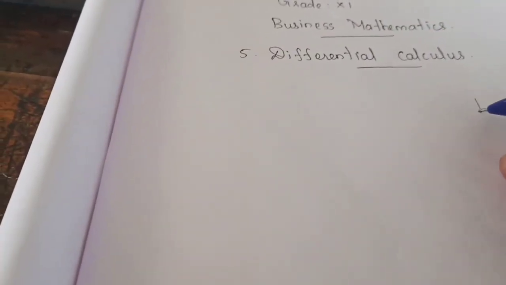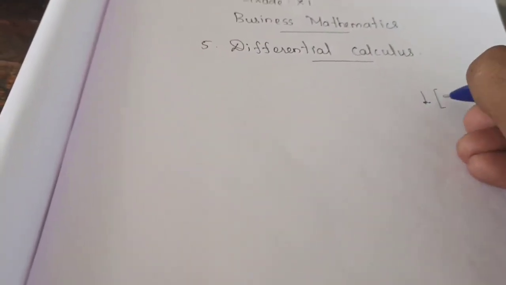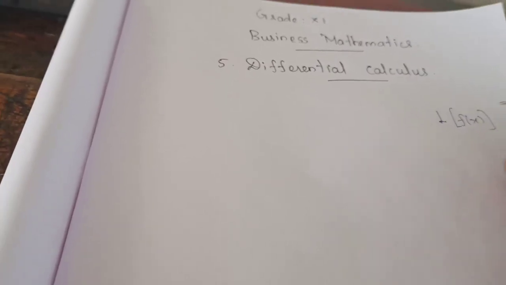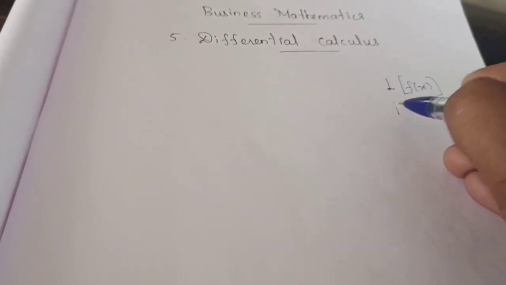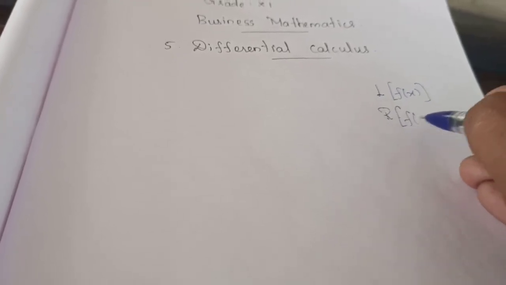Left hand limit and right hand limit. Keep in mind that we denote the left hand limit by L of f of x, and the right hand limit by R of f of x.